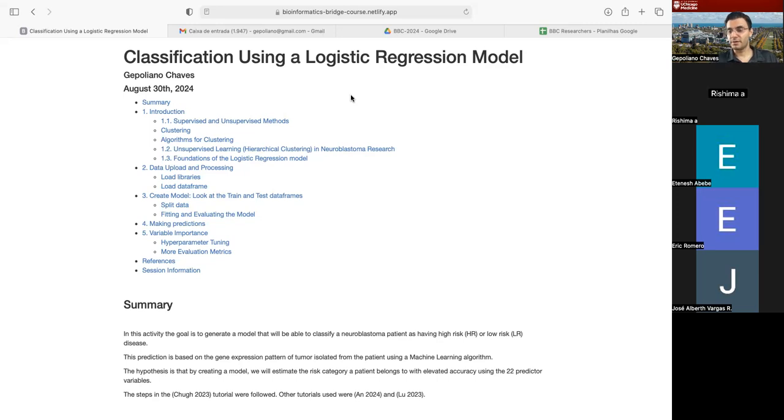So if the therapy we gave the patient was able to change their risk category, this is an algorithm that can quantify that, or that can classify how much risk the patient has after receiving a certain therapy.